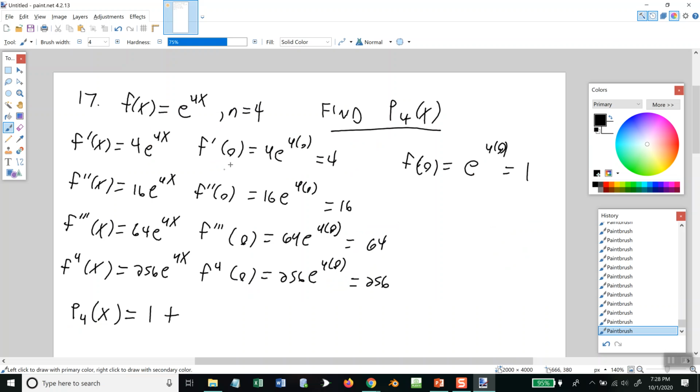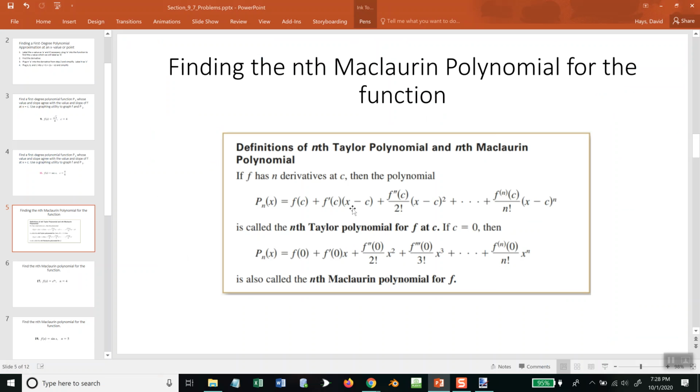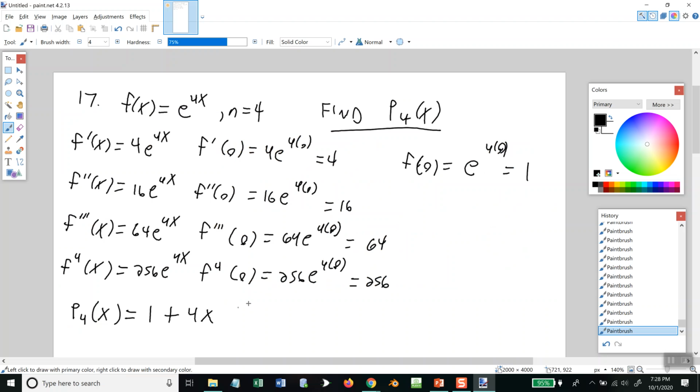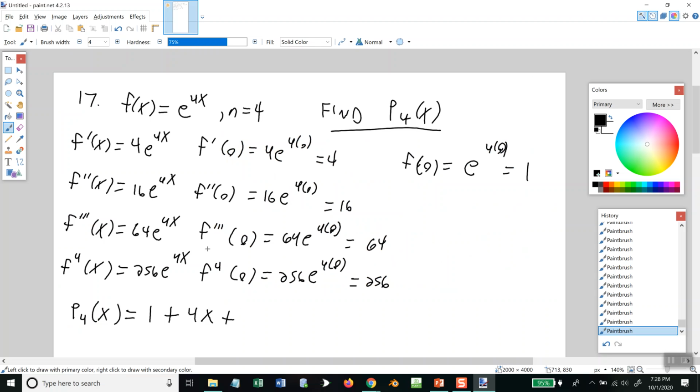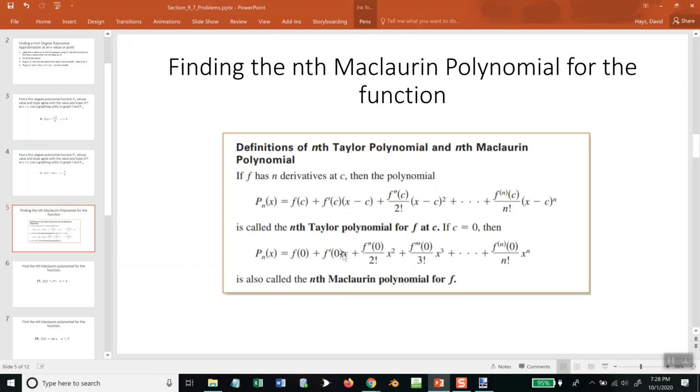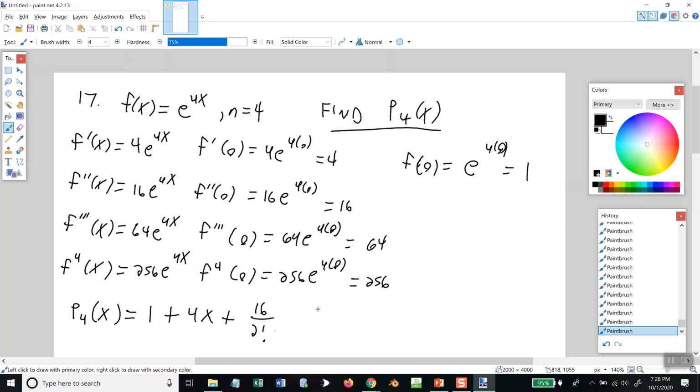F prime of 0 is 4 times x, plus f double prime of 0. F double prime of 0 is 16 over 2 factorial, x squared.